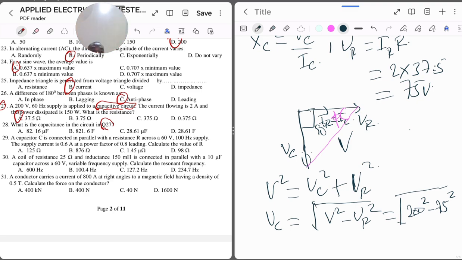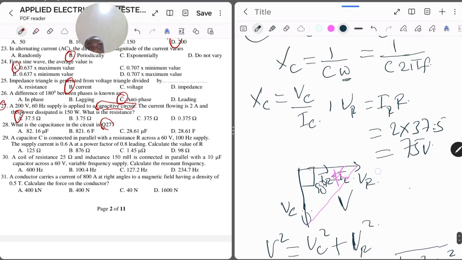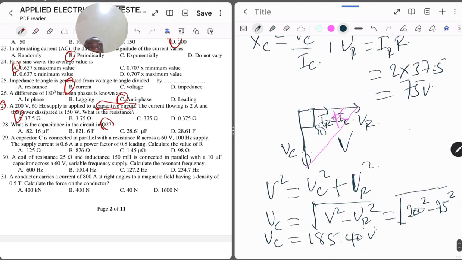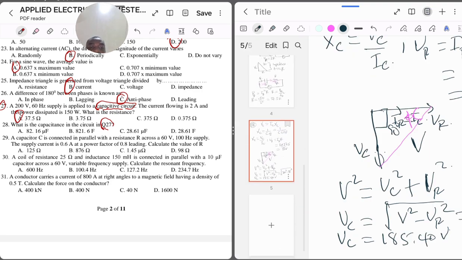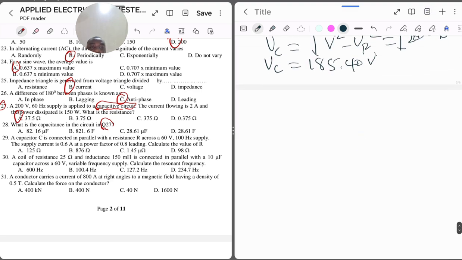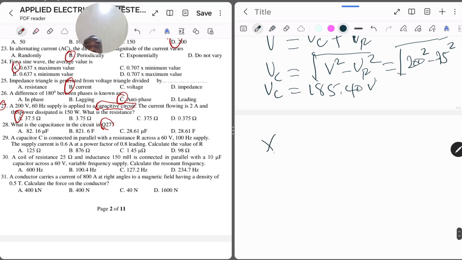So we get 185. So VC here becomes 185.40 volts. Once I've gotten this, I can now calculate the capacitive reactance, right? Which is XC will be equal to VC over IC.